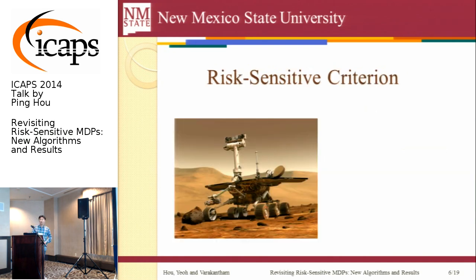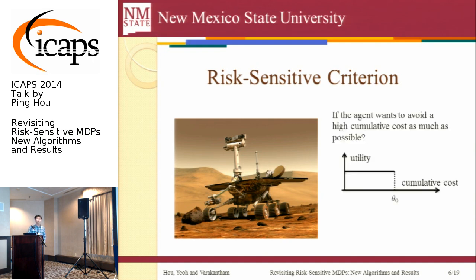So let's come back to the motivation problem. If the agent only has limited resources, it's the same as having a utility function like this. For example, take the Mars rover. They only have power theta 0. That means if the accumulated cost is less than theta 0, they get a specific utility because they accomplish the goal.